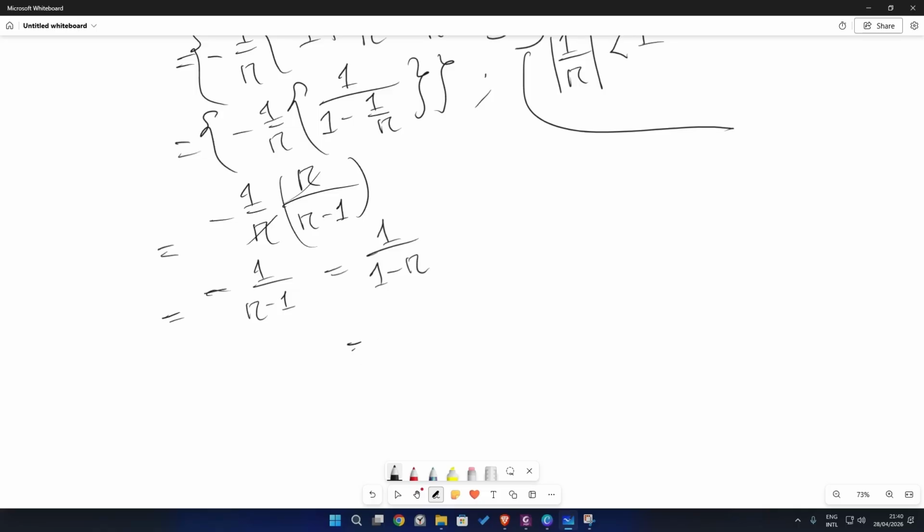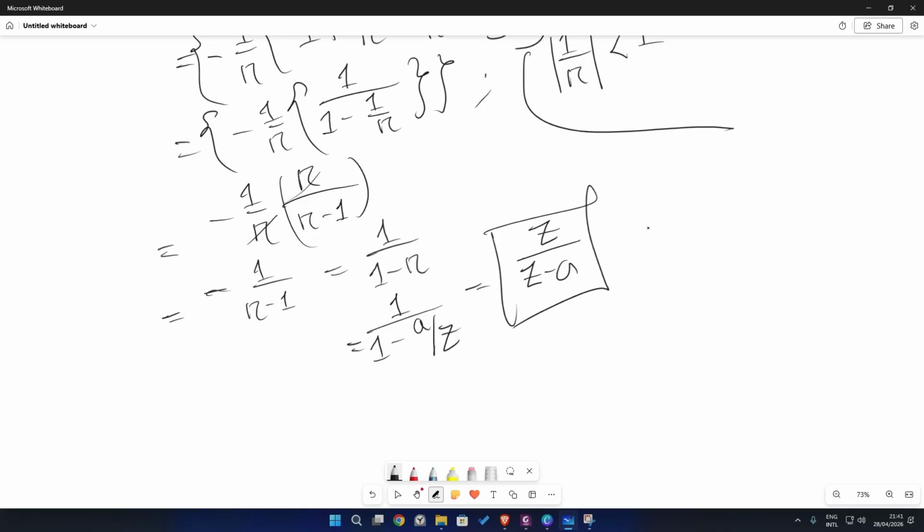Now we have to replace r by a by z, so z will be at the top and the rest at the bottom. This is the final answer, and now let's deal with the ROC.